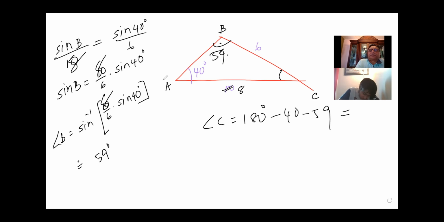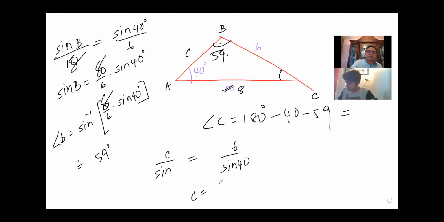And you can also find the side C. C over sine of that angle is equal to 6 over sine of 40. This is 81 degrees here.